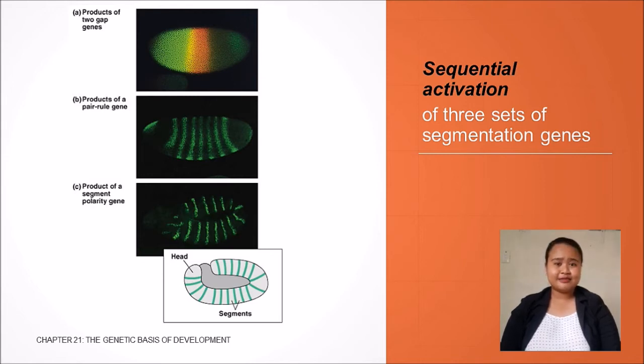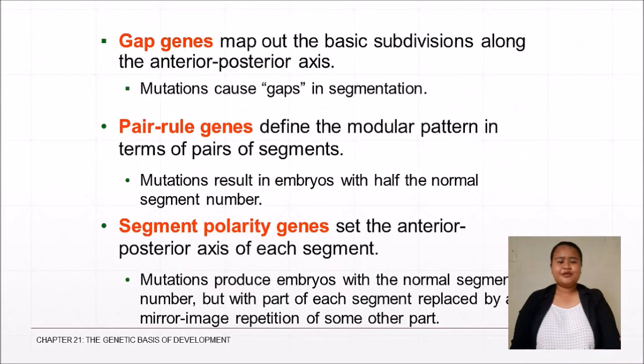These three sets of genes are the gap genes, the pair rule genes, and the segment polarity genes. The first gene to be activated is the gap gene. Gap genes map out the basic subdivisions along the posterior-anterior axes. Mutation in this gene will cause gaps in segmentation.